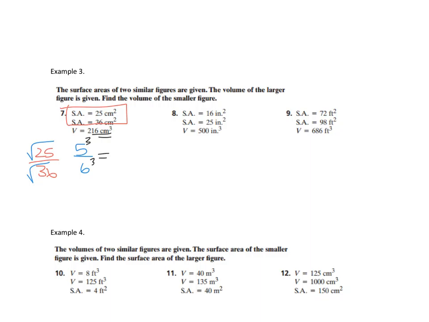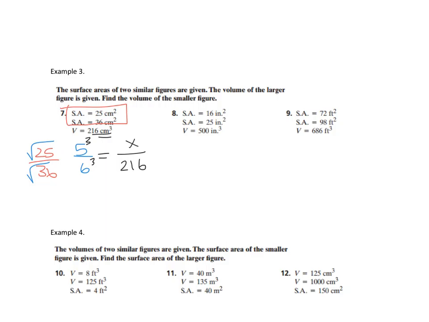Now the directions read to find the volume of the smaller figure. So that means that this one, 216, needs to go where the greater number is. So I'm going to put 216, and then x on the top.